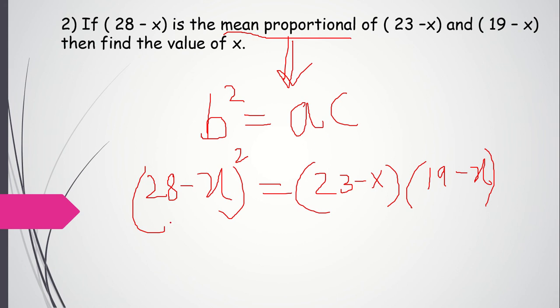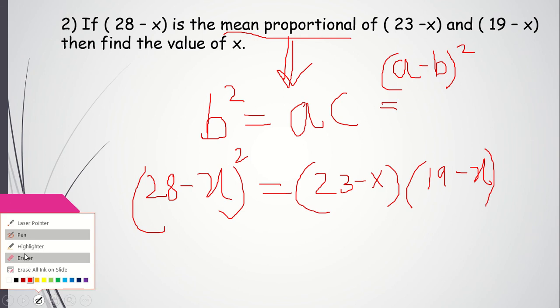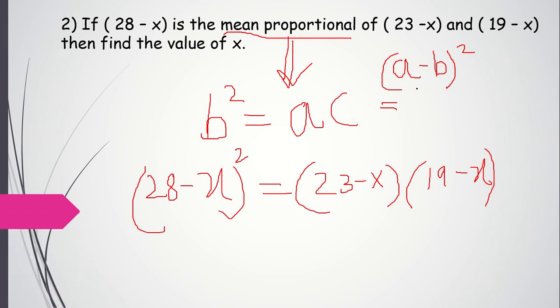Now expand this using the formula a minus b the whole bracket square. This is an identity also. We also know the formula for a plus b the whole bracket square, only there is a difference of sign. So that's a square minus 2ab plus b square.